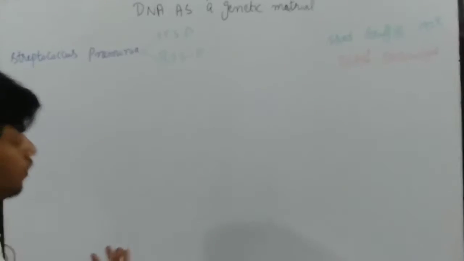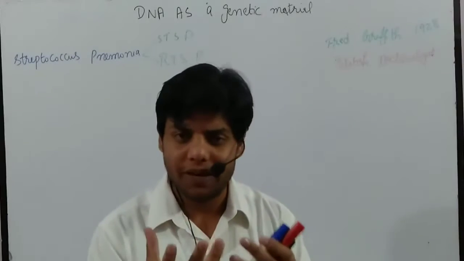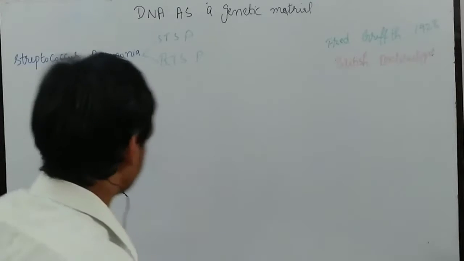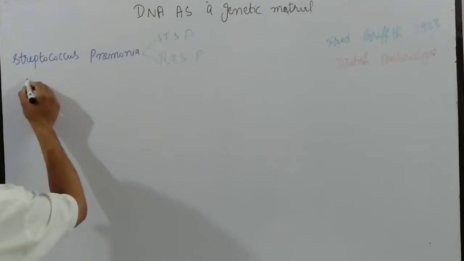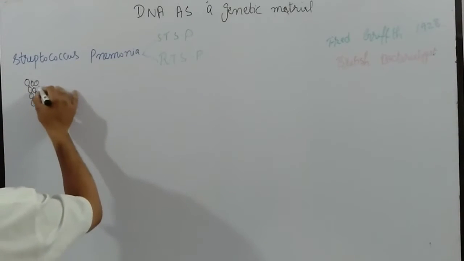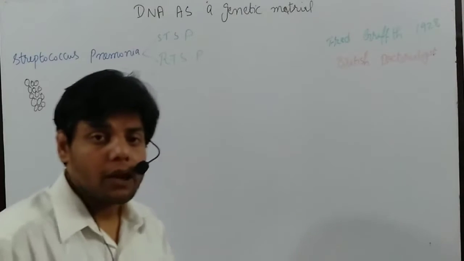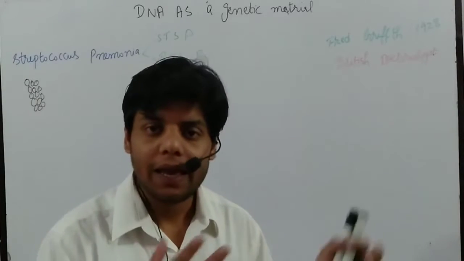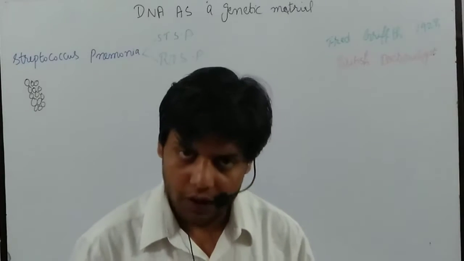Streptococcus pneumoniae is a cocci-shaped bacterium which makes a chain-like structure. If I draw the structure, it will look like this. These are the cocci bacteria, and they form a group or chain, which is why we call it streptococcus. Streptococcus pneumoniae can cause pneumonia inside an animal and cause the death of the animal.